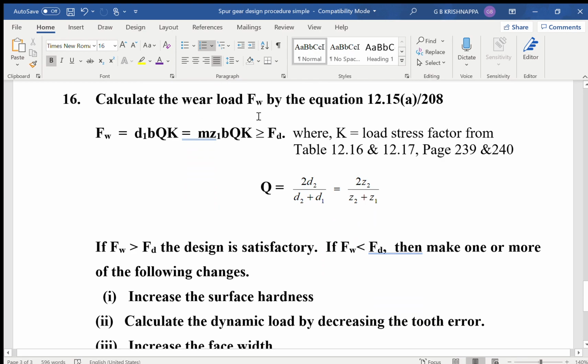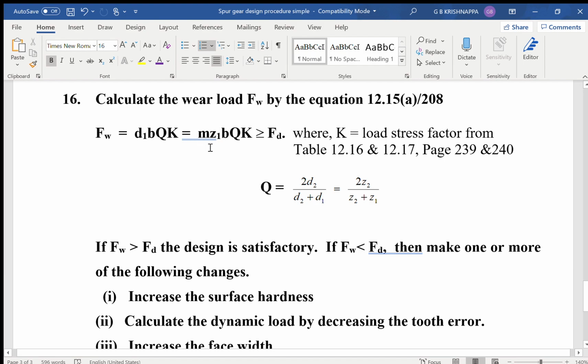Step 16. Calculate the wear load, which is also called the limiting load for wear, Fw, which is given by equation 12.15a page 208. That's equal to Fw is equal to D1 B Q K, that's equal to m into Z1 B Q K, which must be greater than or equal to dynamic load Fd.